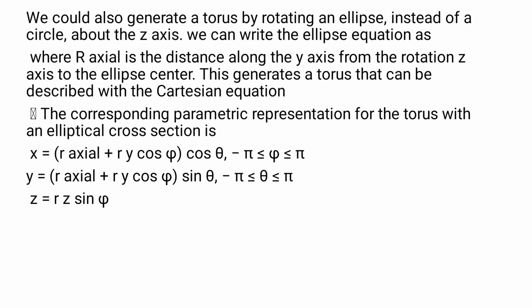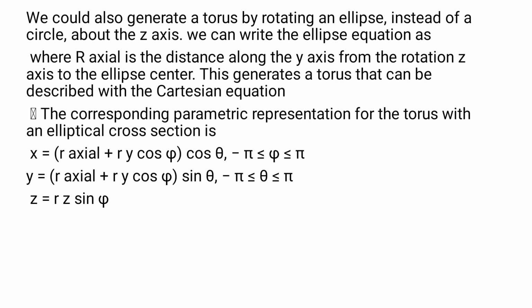We can write the ellipse equation as given, where r axial is the distance along the y axis from the rotation z axis to the ellipse center. This generates a torus that can be described with a Cartesian equation.